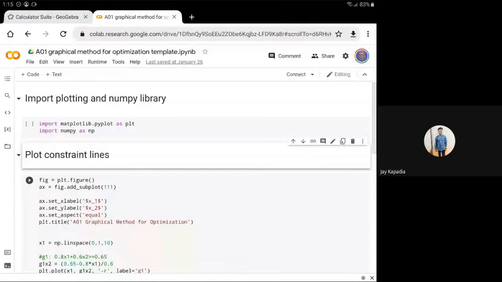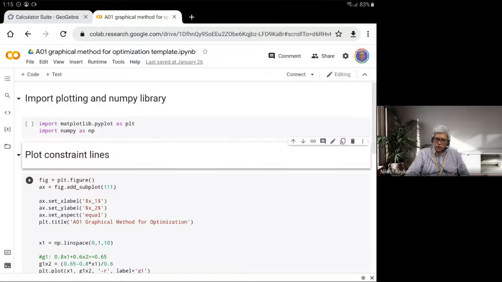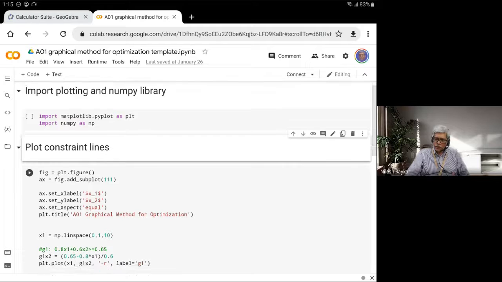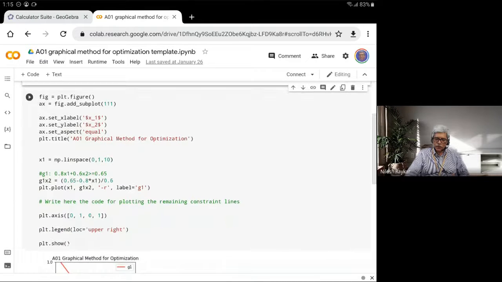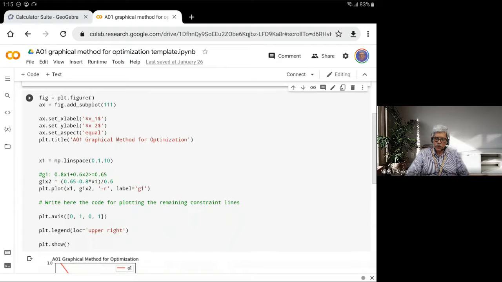Sir, in this code, why have we converted the whole equation into the form of one single variable? I think there is no way otherwise I can plot the line. The plot function requires 2 arrays: one X array, and another array for the other axis.